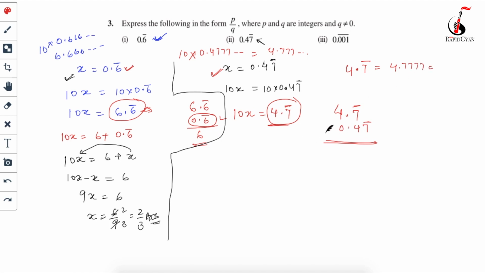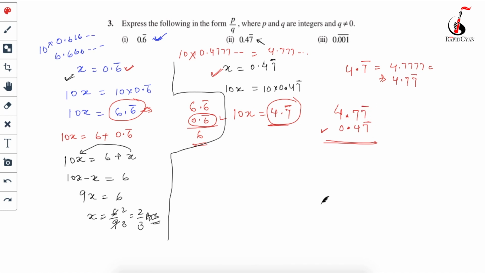So here you are seeing the number which you are subtracting has 2 digits after the decimal. So we will try to make 2 digits in the numerator as well. Can I write this like 4.77 and then I will put this bar? Yes, I can write this like that. So I will simply write this 4.7 bar in this form. So this will become 4.77 bar.